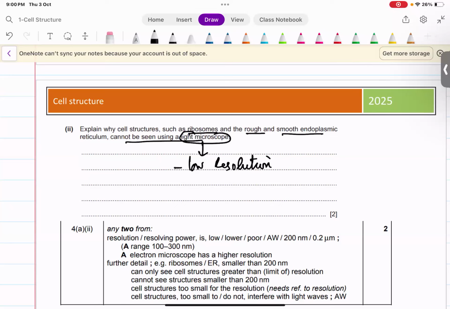You can write it is 200 to 300 nanometers. And you can write the sizes of these structures: ribosomes are 25 nanometers, and rough and smooth endoplasmic reticulum have cisternae with a smaller thickness than this resolution. That is why they are not visible under a light microscope, right?